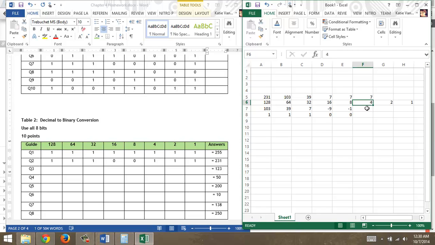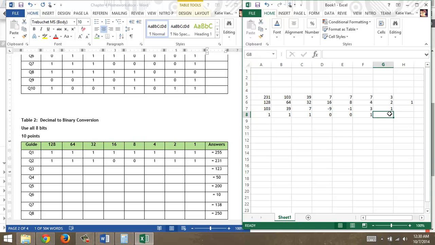Can I do 7 minus 4 without going negative? I can. 7 minus 4 is 3. So that becomes a 1. And I have 3 left. So 3 minus 2 equals this box minus this box.